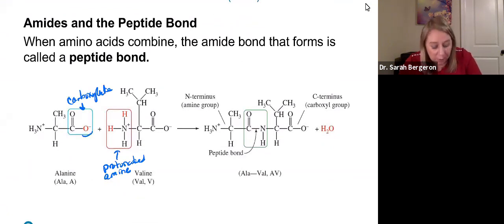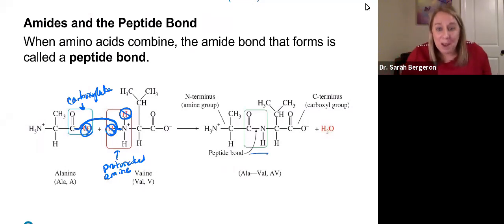And we're going to get rid of this oxygen, and we're going to get rid of two hydrogens. Those are the parts that are going to make water. And then you're going to form a bond between the carbon and the nitrogen. And that's how you get a peptide bond. So now we have a dipeptide, right? It's a peptide, but it only has two amino acids, so we call it a dipeptide.